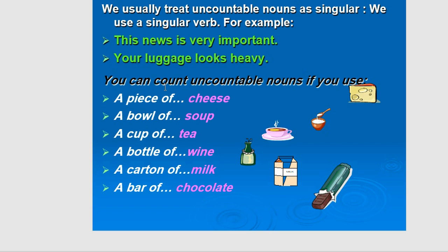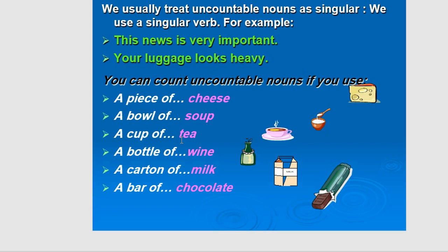You can count uncountable nouns if you use a piece of, a bowl of, a cup of, a bottle of, a carton of, part of, a bar of. Why do we use these? Because sometimes we get slices of bread, or a cup of tea.